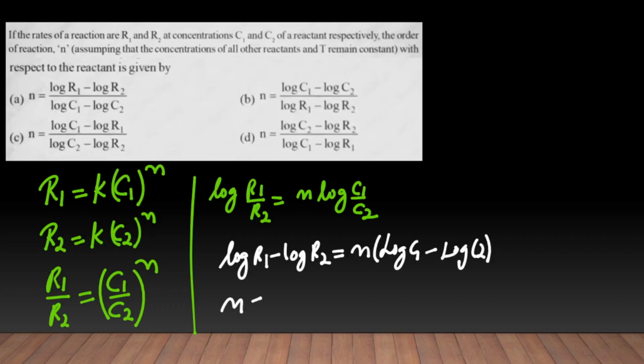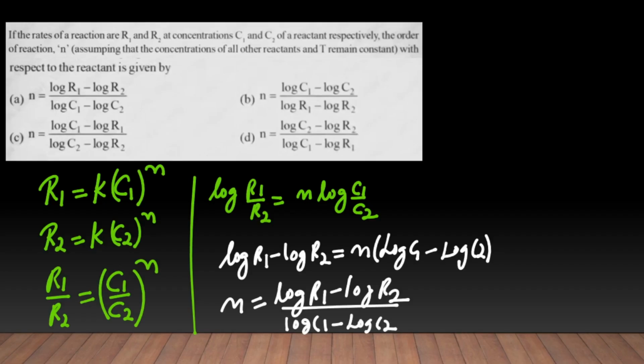So the n value will be equal to log of R1 minus log of R2 upon log of C1 minus log of C2. This is going to be the n value that is given to us in option A, right?